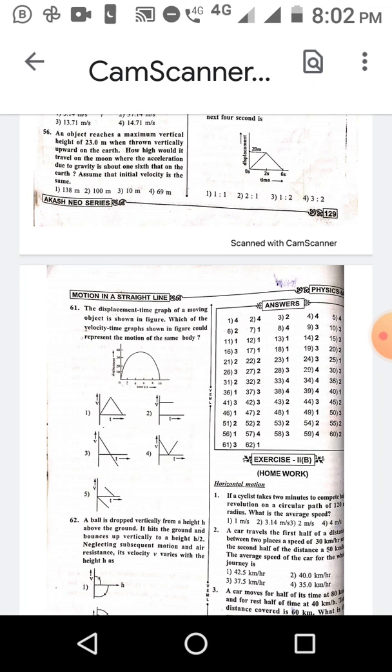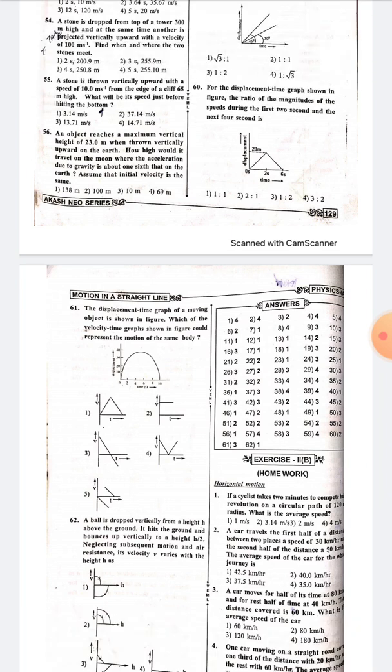10,000 minus 4 times 49 by 10 into 300, all by 2 into 49 by 10. Friends, I'm just going to find the value.